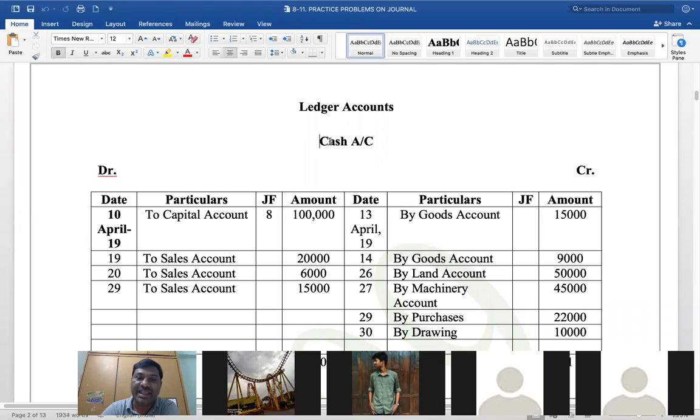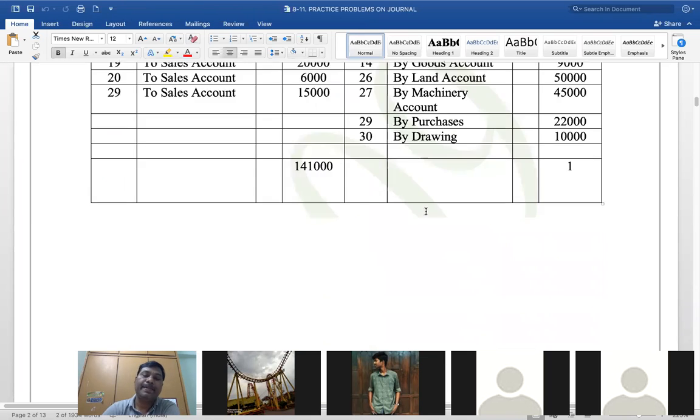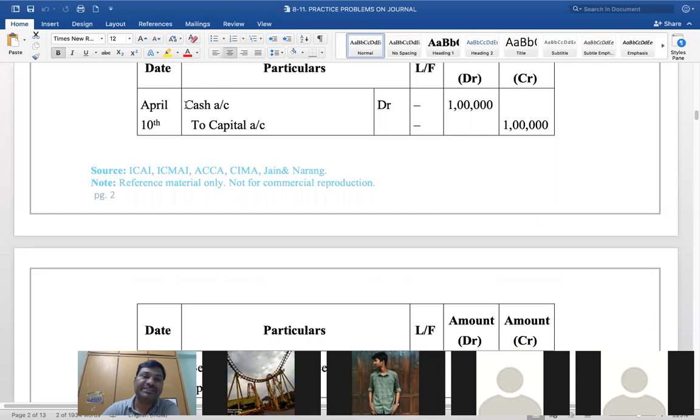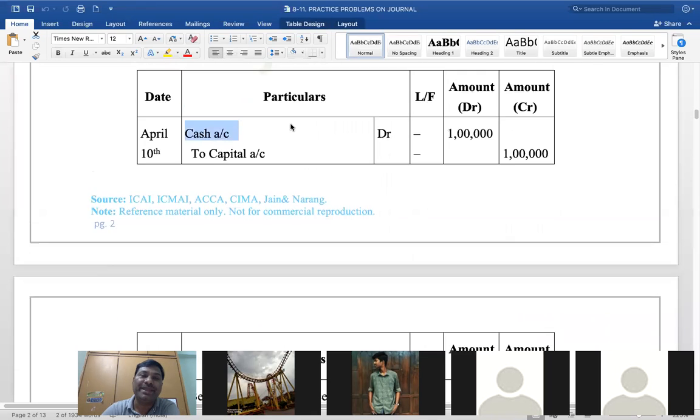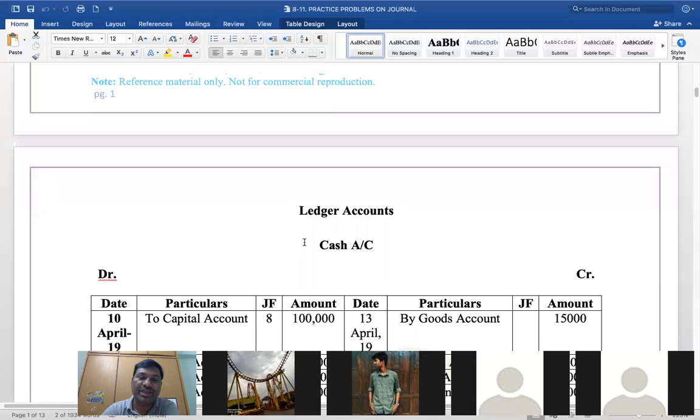There's a name given, that is cash account. Now look at this. First item is cash. So we are opening cash account. When we are opening cash account, this is the main heading that you give when you're posting the journal entries into the ledger accounts: you have to give a heading, ledger accounts, then start with the respective account.